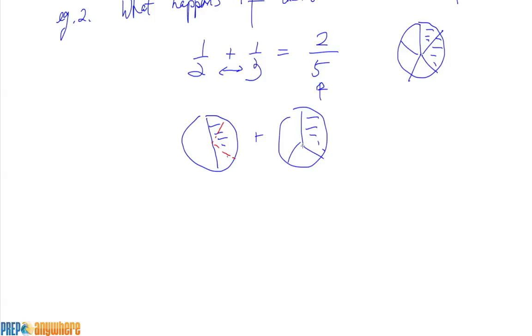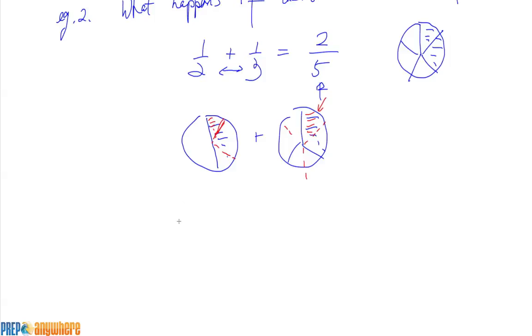And this one, we can cut up into 2 even pieces. Then ask yourself how many of this piece will fit into the entire pizza? You can fit in 6. How about this one? We can also fit 6 of those into the entire pizza.